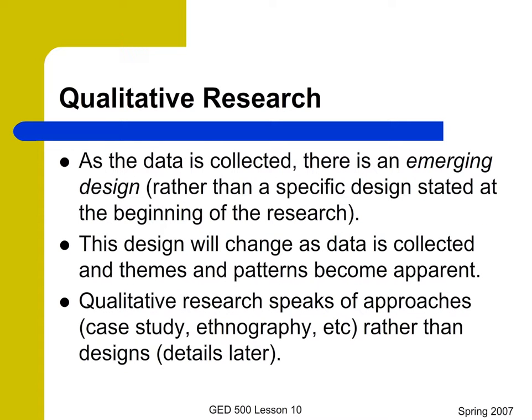Instead of stating a particular design at the beginning, sometimes there's what is called an emerging design. The design is going to change sometimes as data is collected and themes and patterns start to become apparent. So they have particular approaches, however, rather than design.